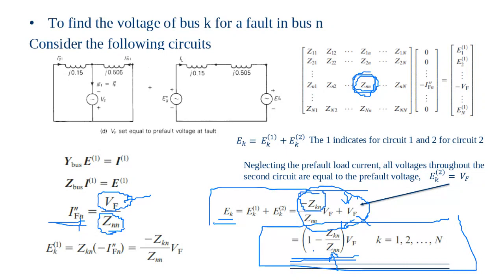What's ZKN? It will be from the off-diagonal elements. For example, 1N, 3N, 1K, 2K, 3K, KN.